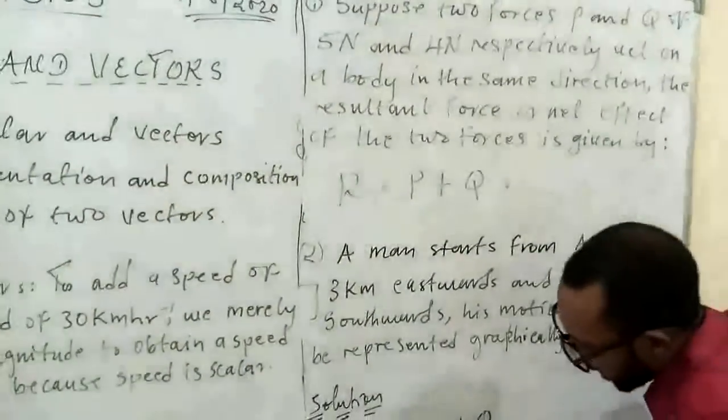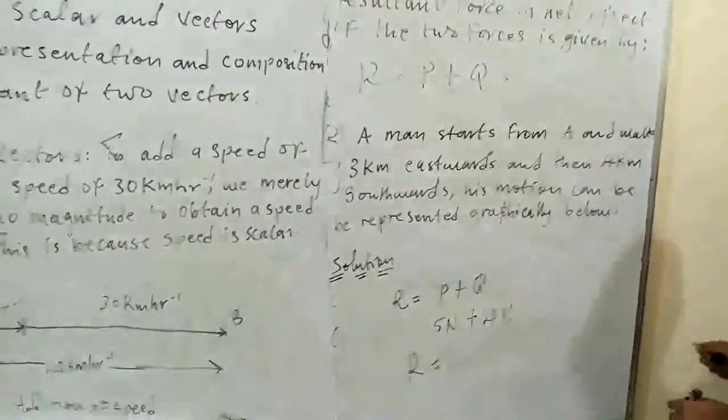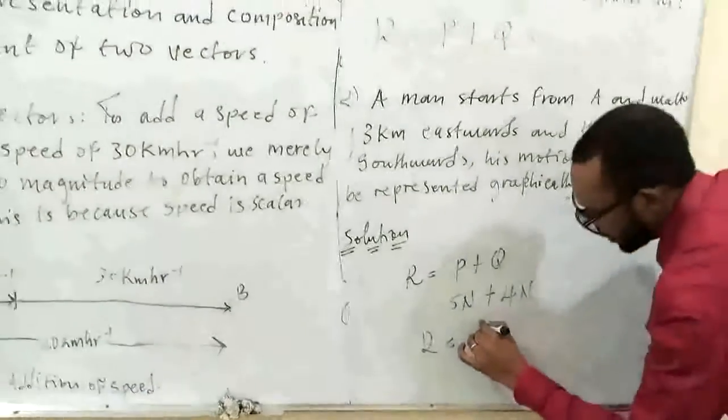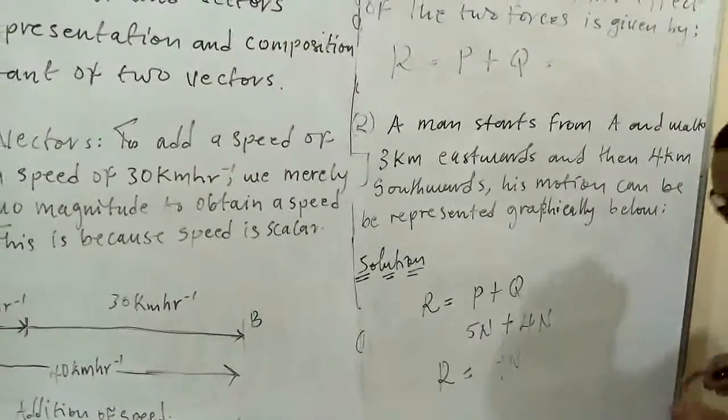At the end of the day, R is equal to 5 plus 4, which is what? 9 Newtons.